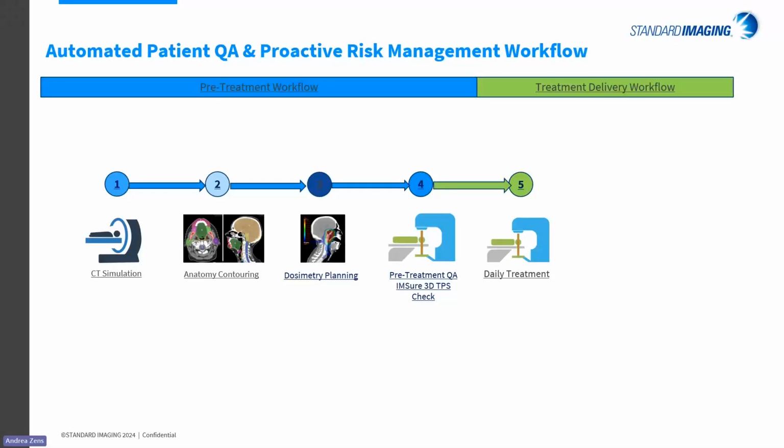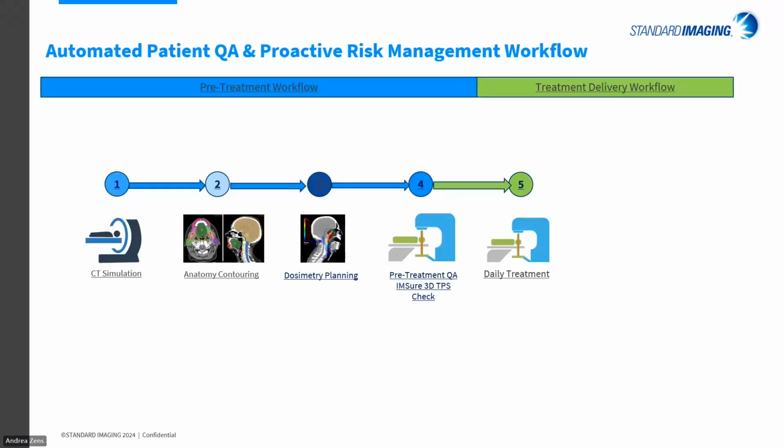Now, I'm not an expert on this one, but our lovely colleague and medical physicist, Vicki Howard, put together this nice workflow to show how our holistic approach integrates very well into your stereotactic QA, patient QA program.